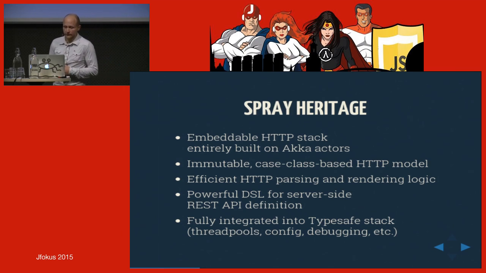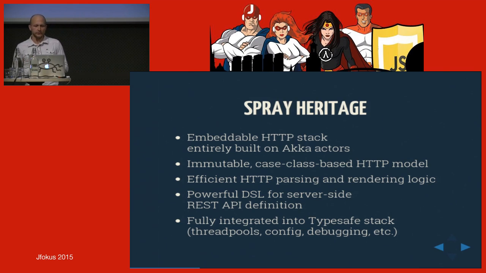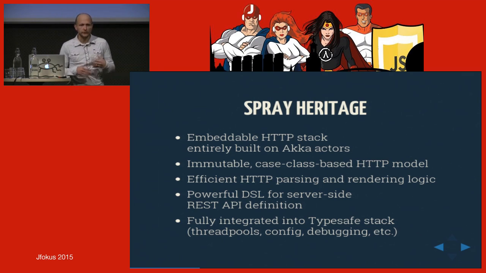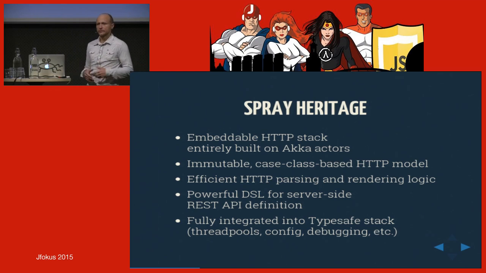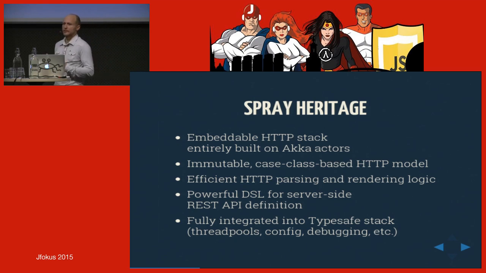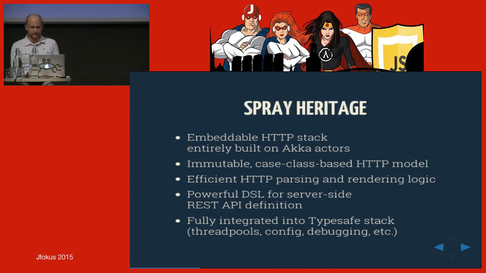There is a very efficient HTTP parsing and rendering logic, which is one of the core reasons why Spray is so fast compared to other HTTP stacks. And it has a nice DSL on the server side that we'll also look at. And of course, it's fully integrated into the rest of the Scala world, so you use the same kind of configuration tools, debugging tools, logging tools, and so on, so that makes it nice to just work with.